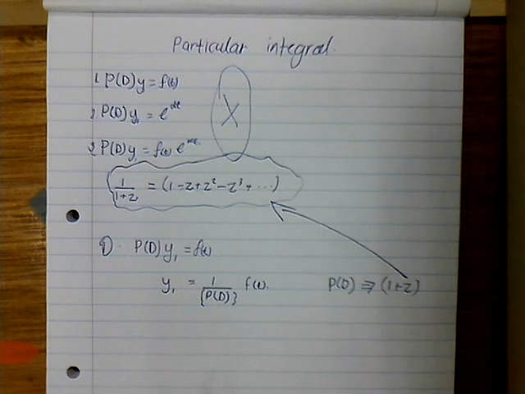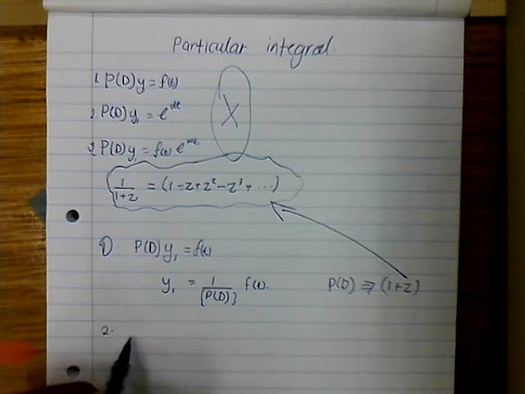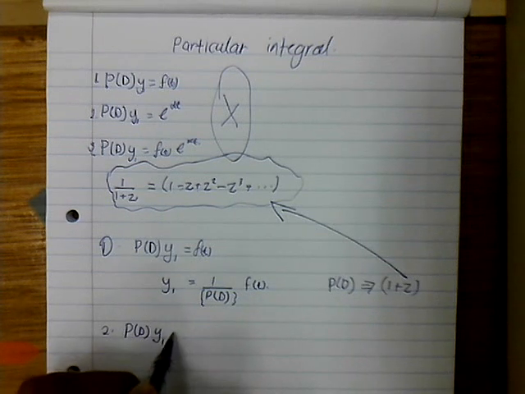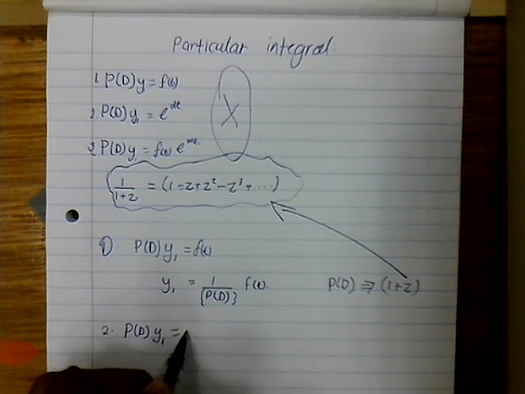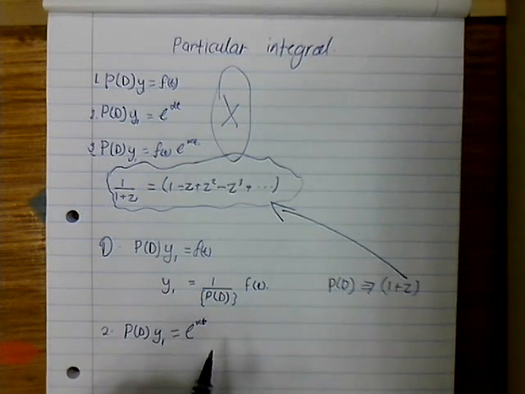Now number two is given by PD operating on y1 is equal to e to the power of alpha t, which is an exponential.